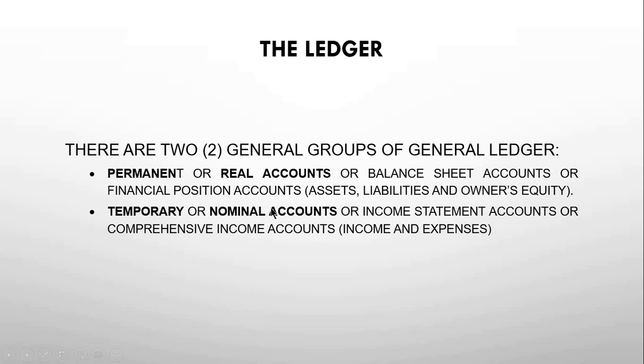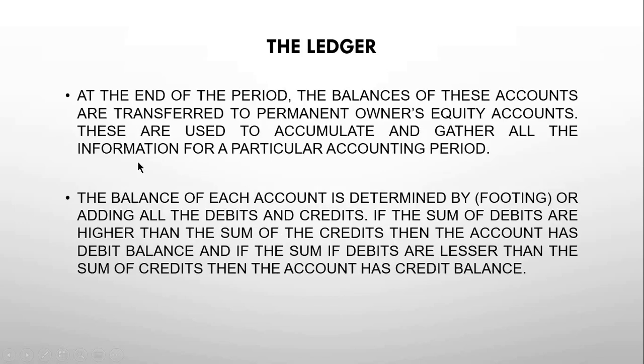Ang mga accounts naman na ito ay income and expenses. So temporary or nominal accounts siya because at the end of the year, kino-close siya. There is closing entries for these accounts. Okay? Ayan. So at the end of the period, the balances of these accounts are transferred to permanent owner's equity accounts. So these are used to accumulate and gather all the information for a particular accounting period.